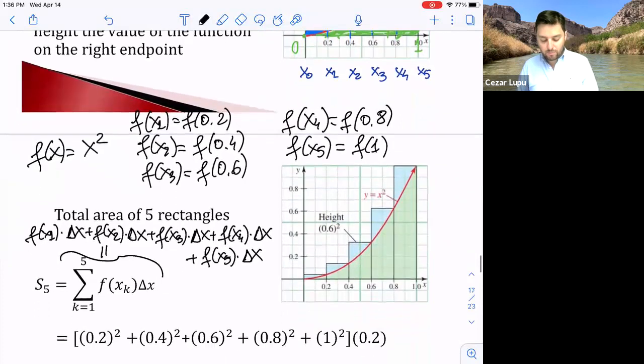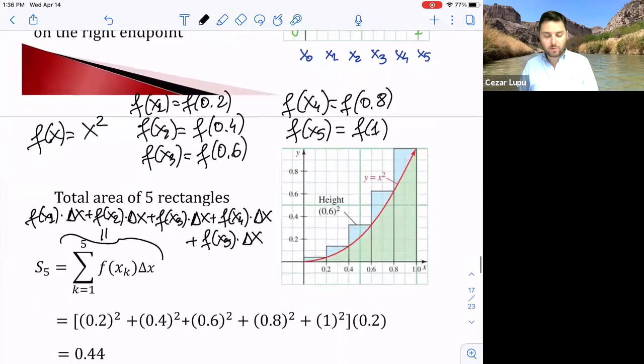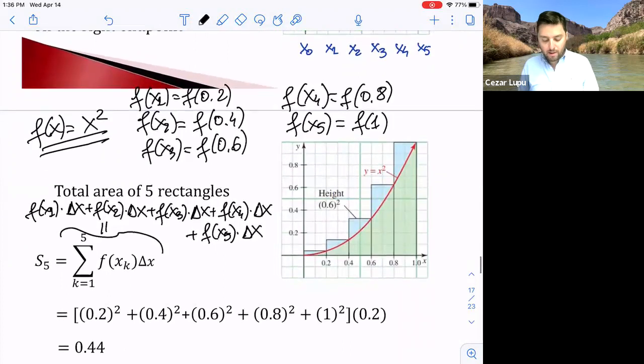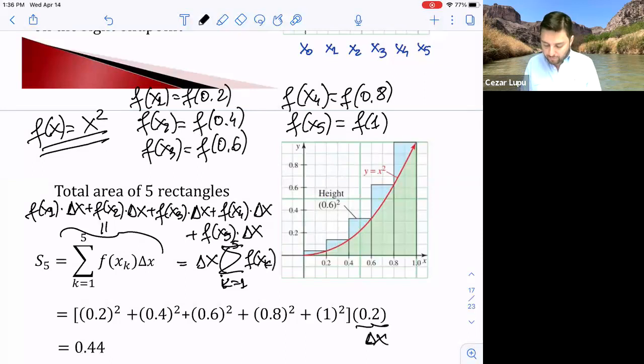So this sum will be, well, since f of x is x squared, it's 0.2 squared plus 0.4 squared. Because here, in this sum, you can just factor out delta x, and it will be times the sum from k equals 1 to 5 of f of xk. So that's delta x here. Now f of x1 is 0.2 squared, f of x2 is 0.4 squared, and so on.